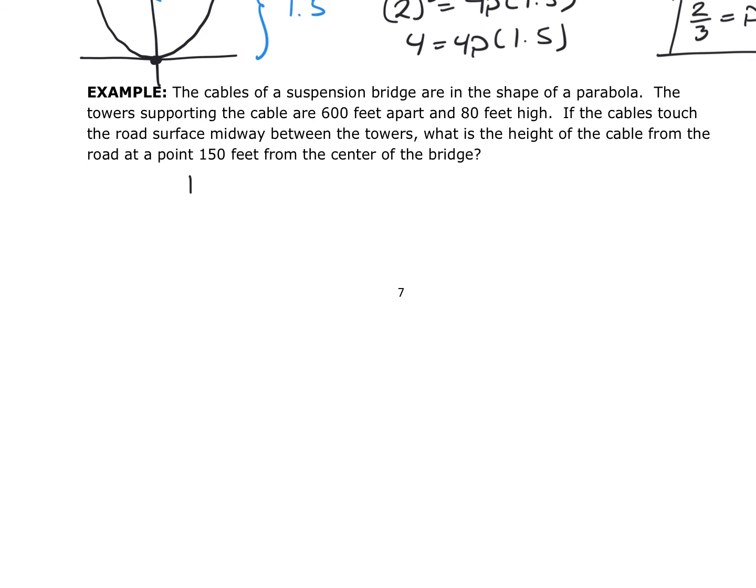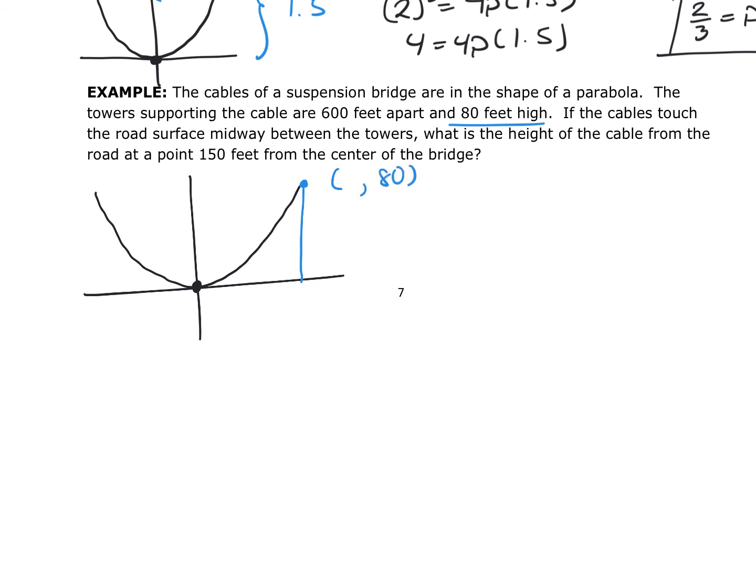Now, once again, I get to decide how I'm going to draw this. I could put my parabolic shape anywhere, but I'm going to put the place in which it touches the road at the vertex, and so I know it's going to have this shape.